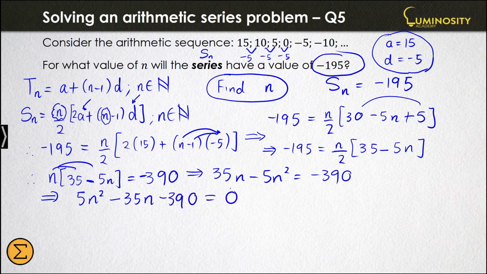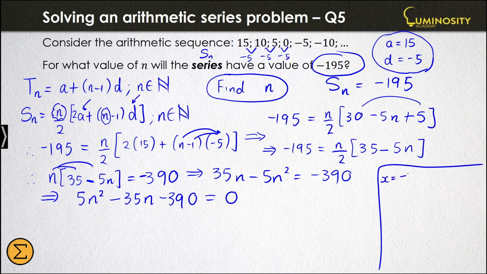That equals 0. Now I have a quadratic equation in the general form ax squared plus bx plus c equals 0. I can either try and factorize it using the trial and error method, I can try use the quadratic formula, or I can try complete the square. Because the numbers are quite large here, I think I'm going to go ahead and use the quadratic formula. So recall the quadratic formula on the side here.